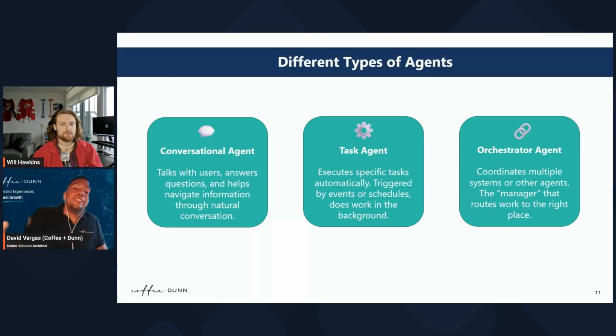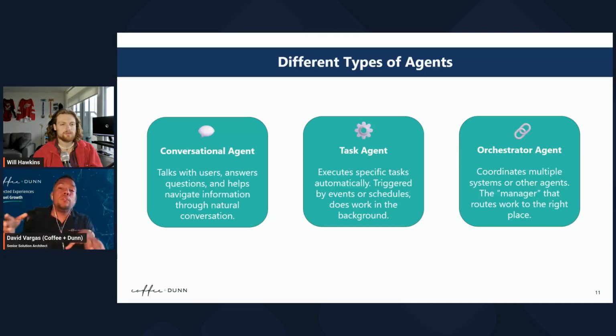You have the task agent. It executes specific tasks automatically. It's usually triggered by certain events or schedules or other external triggers, and it works in the background, right? So like data processing, report generation. And then there's the orchestrator agent, right?